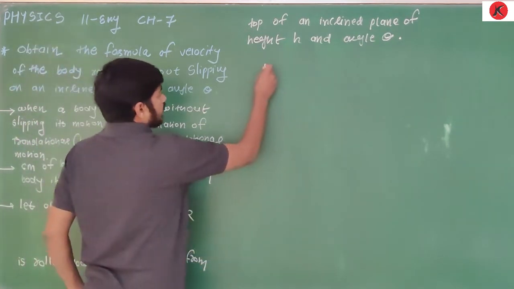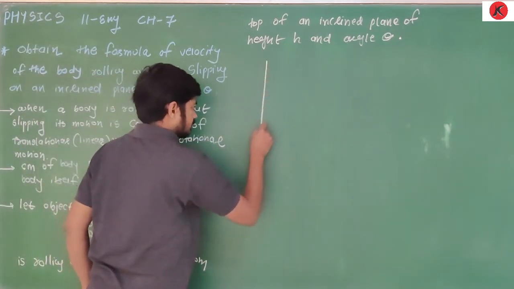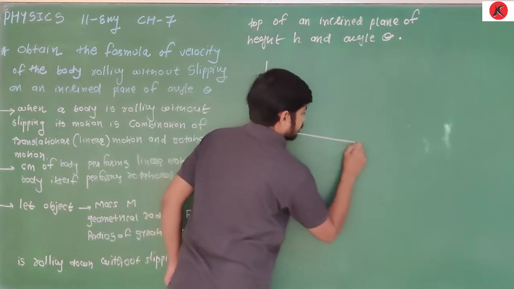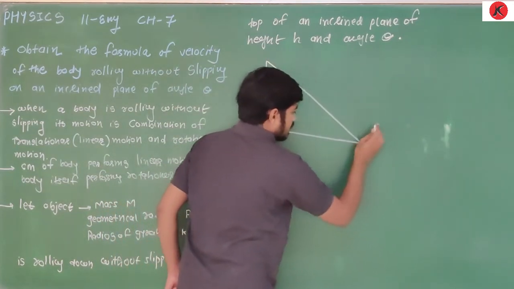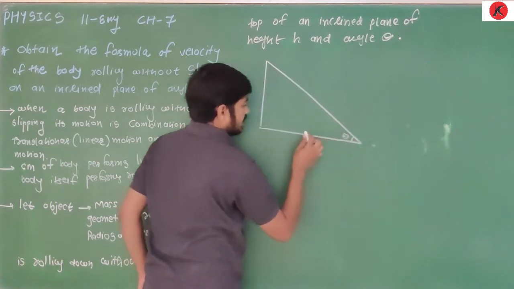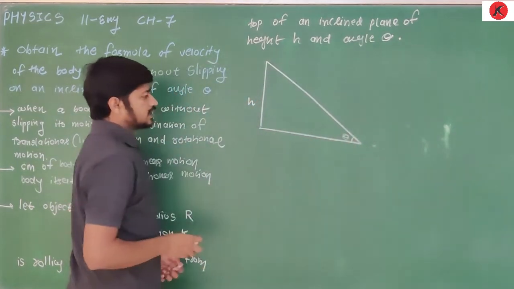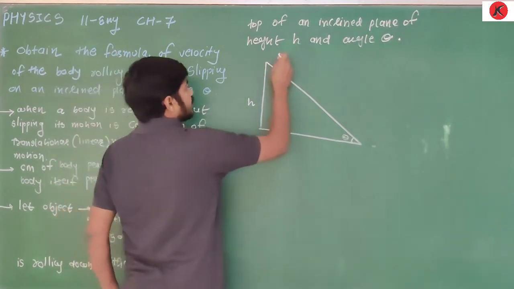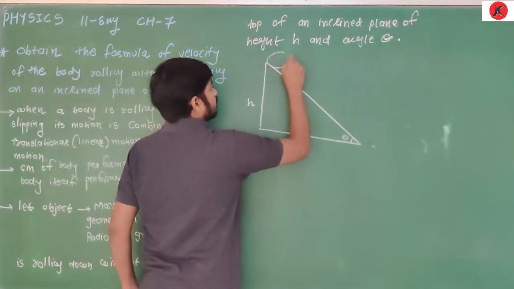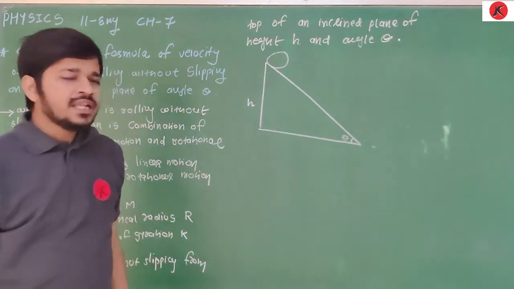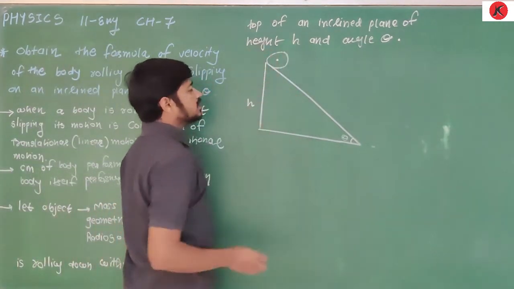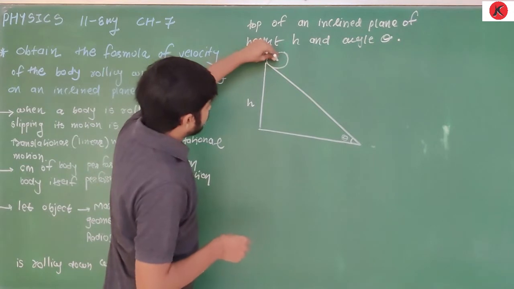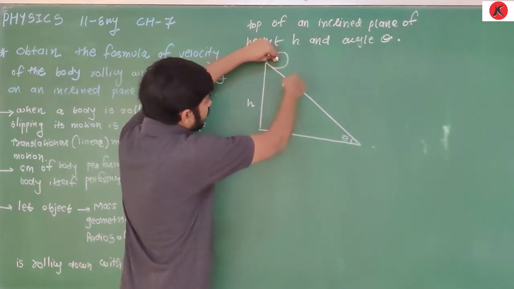See, like this. Let the angle be theta and this height be h. An object is initially here at the top in rest condition, and about this axis it is rolling down.